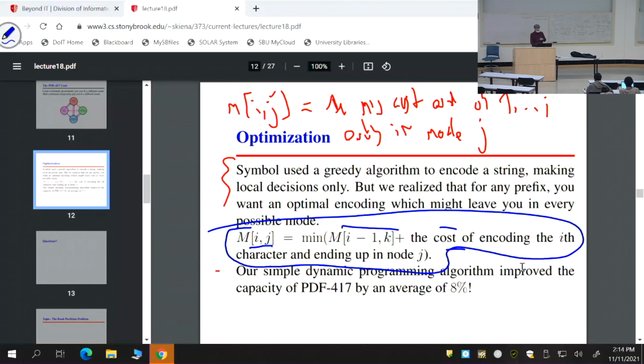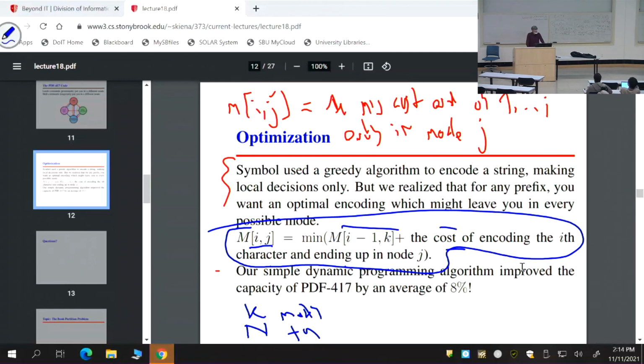So what's good about this? What's the running time of this algorithm? Let's think about it. If I have K modes and a text of length n, what's the running time? How many boxes times how much time per box?